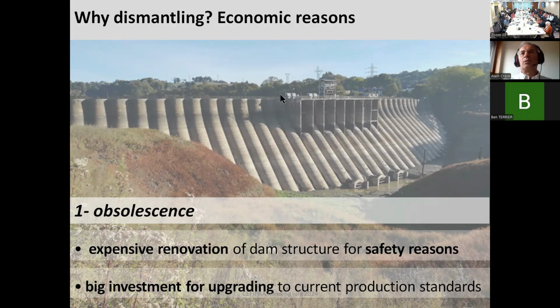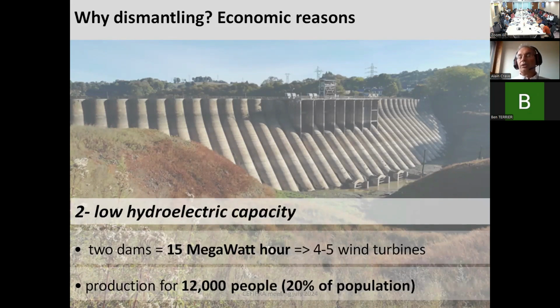So in the face of this big investment, the French electricity production company did not want to make it, because these dams represent a quite low hydroelectric capacity, around 15 megawatts.